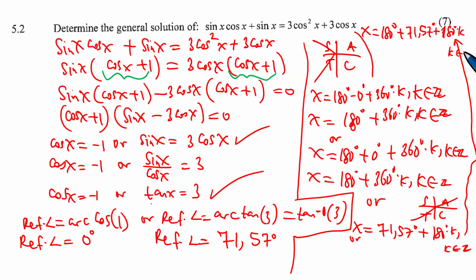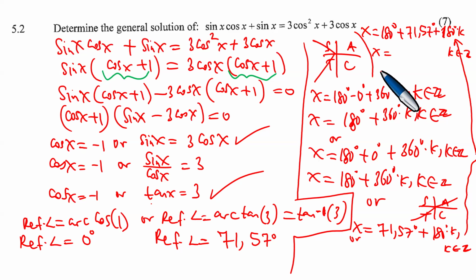This one is not necessary to do in the matric exams. So we have 180 plus 71, which is exactly the same as 251 point five seven.